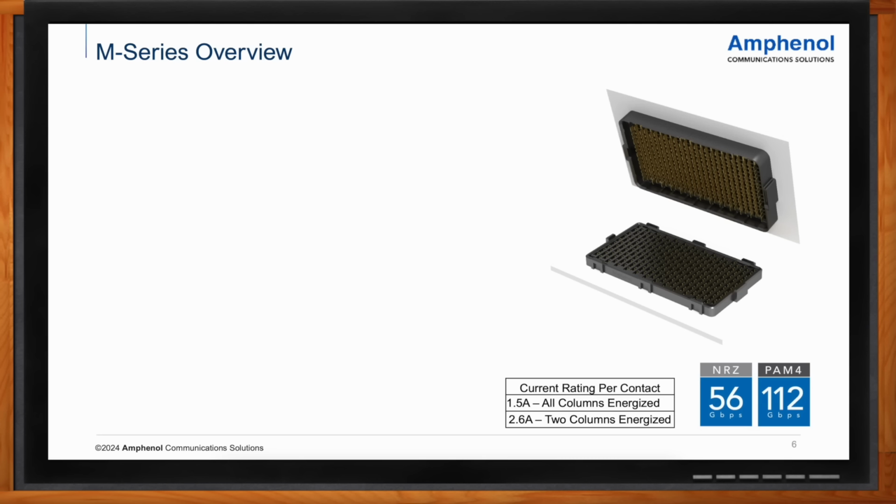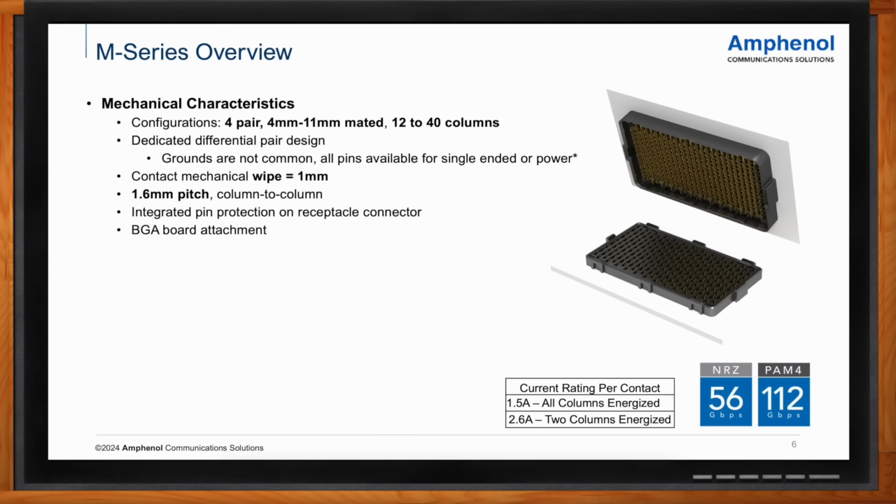So M series, it's going to look a lot like MEGArray, the contacts, the housing. The contact geometry is a dedicated differential pair design. So unlike MEGArray, it's not open pin field. There are dedicated pins for the high speed signaling, and then there are dedicated ground pins.